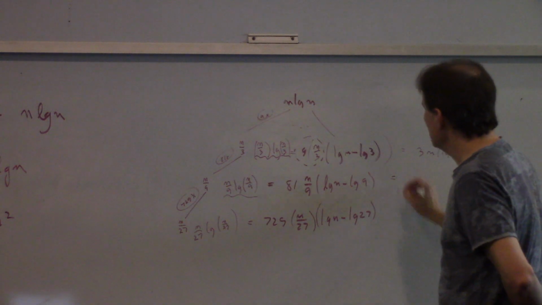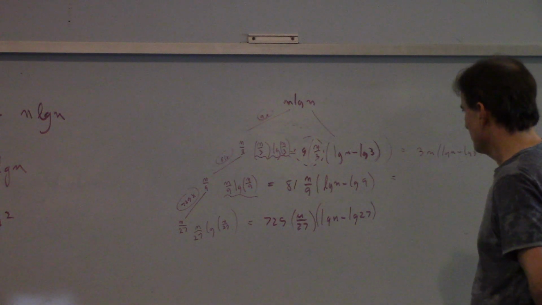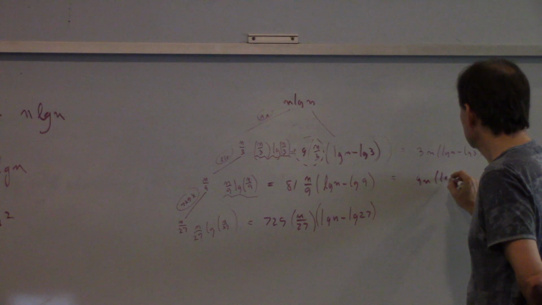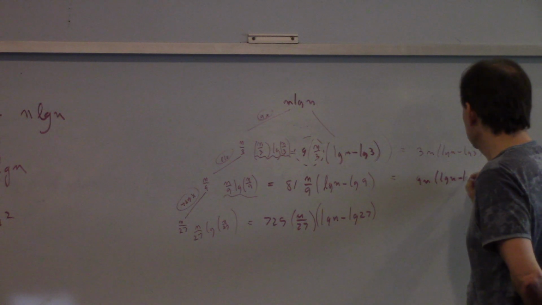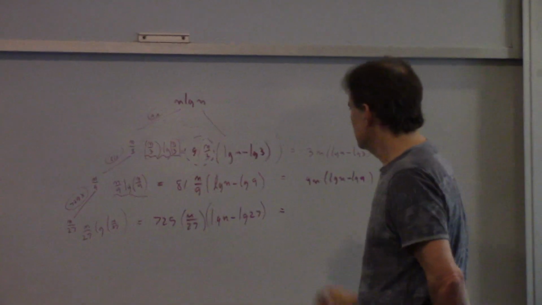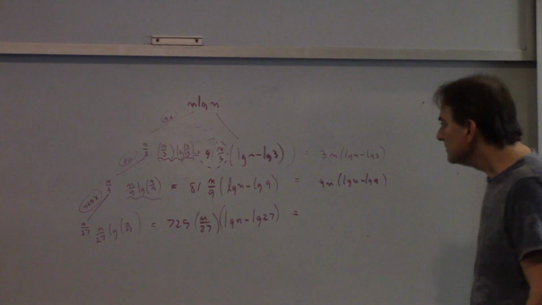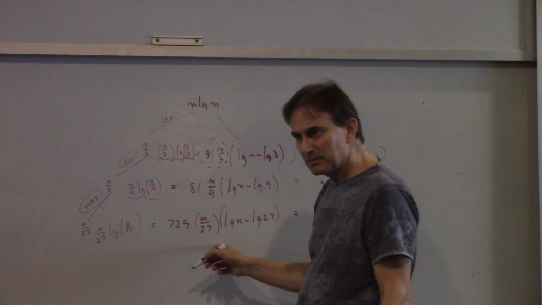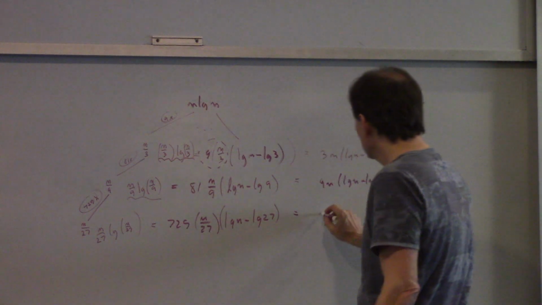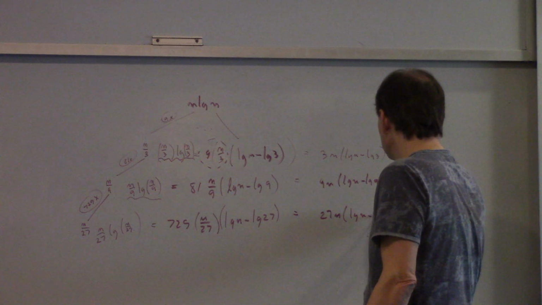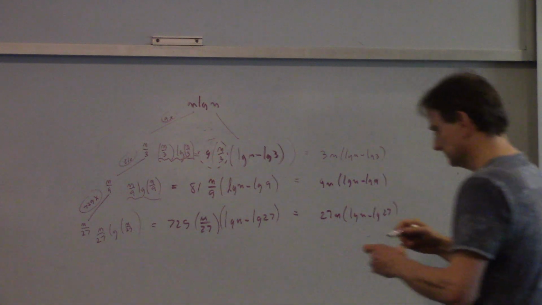And what's 81 over 9? 9n times lg n minus lg 9. And this, I'm guessing, might be 27. So what's 729 divided by 27? 27. 27n times lg n minus lg 27.